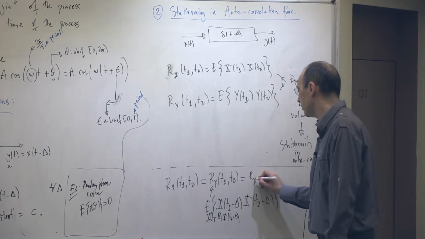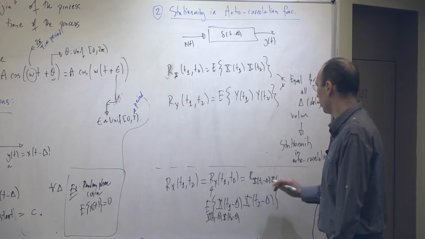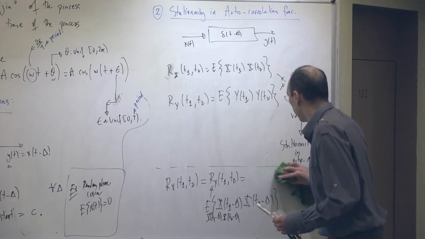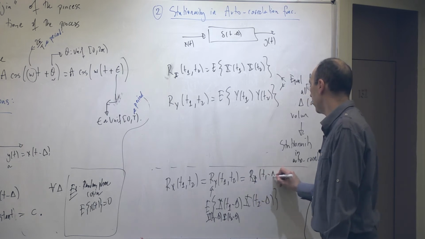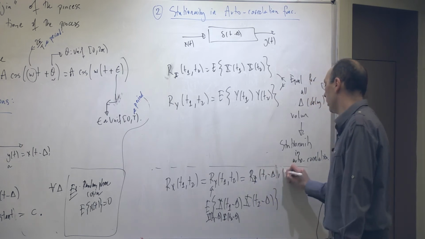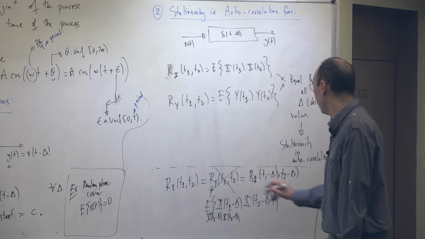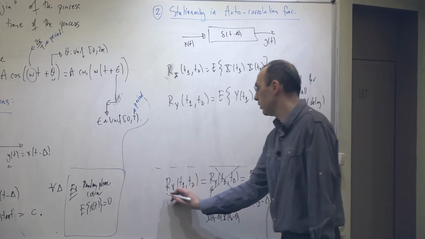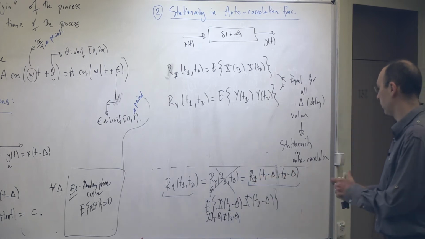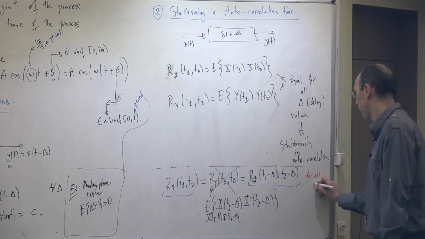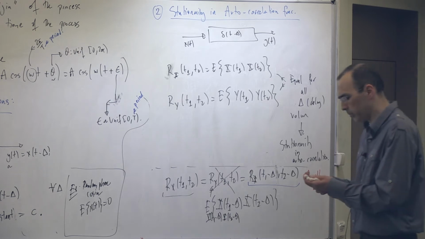By the definition, this is Rx(T1 minus delta, T2 minus delta). Sorry, I'm also getting tired. Now this says that I should have the equality of this side and this side for all delta values. We have seen things like this before.